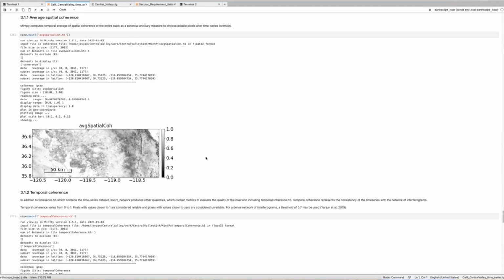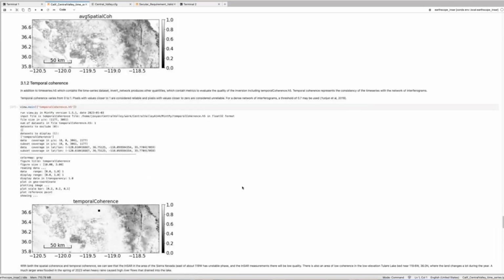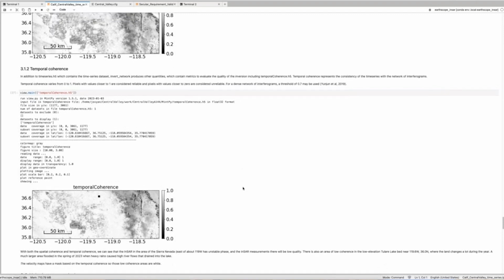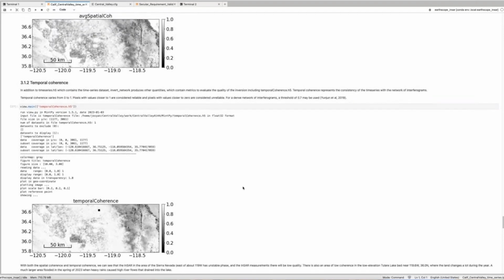So that's the average spatial coherence, the coherence measured by the spatial correlation of the phase. We can also measure coherence in the temporal domain. Because we have a time series now, we can measure how the phase is varying over time. We can see that there's a very similar pattern in the spatial coherence and the temporal coherence.